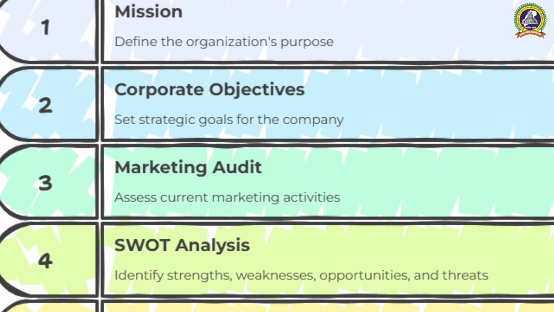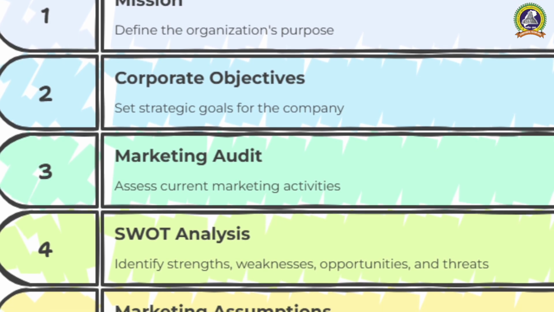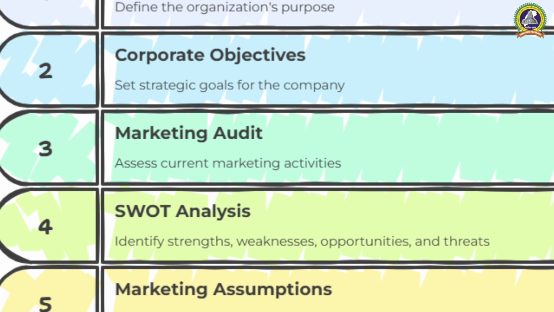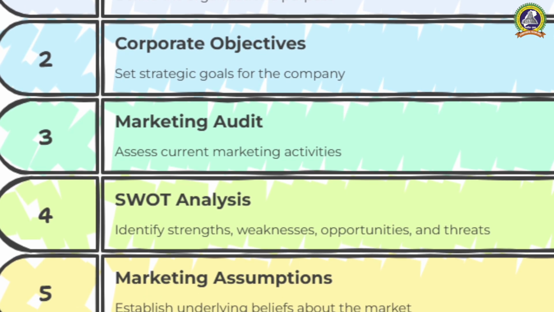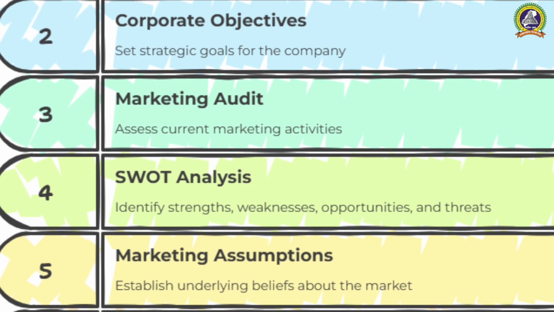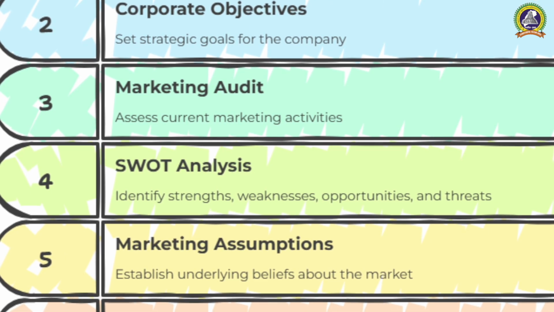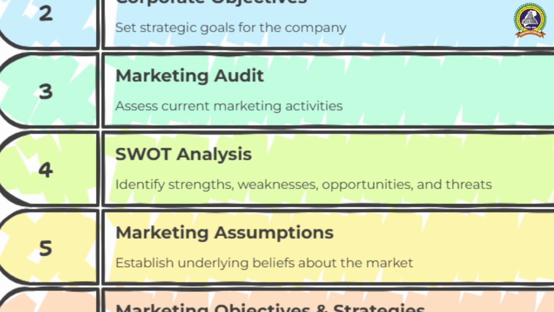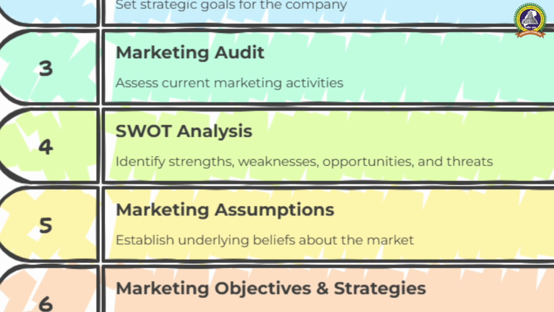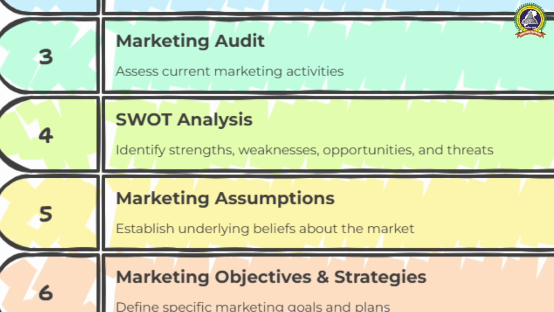From there, we move into a thorough analysis of the present situation through a detailed marketing audit, which helps us gather all the necessary data. This data then flows into a SWOT analysis, allowing us to clearly understand our internal strengths and weaknesses, as well as the external opportunities and threats.